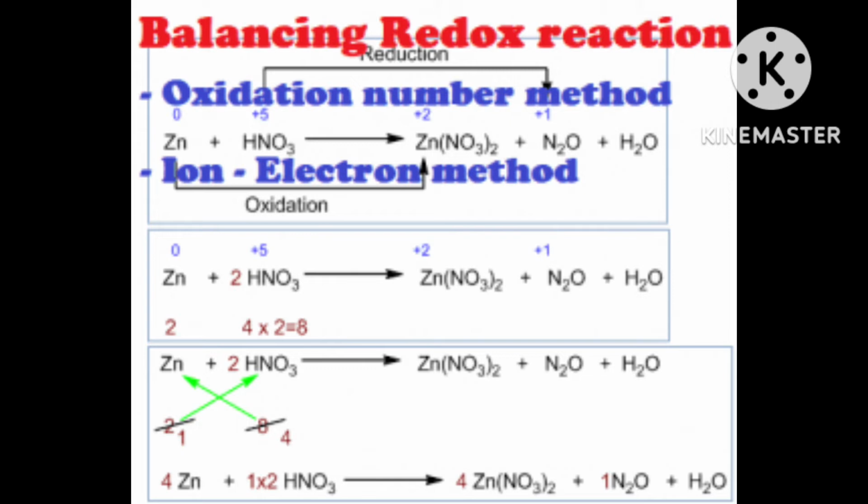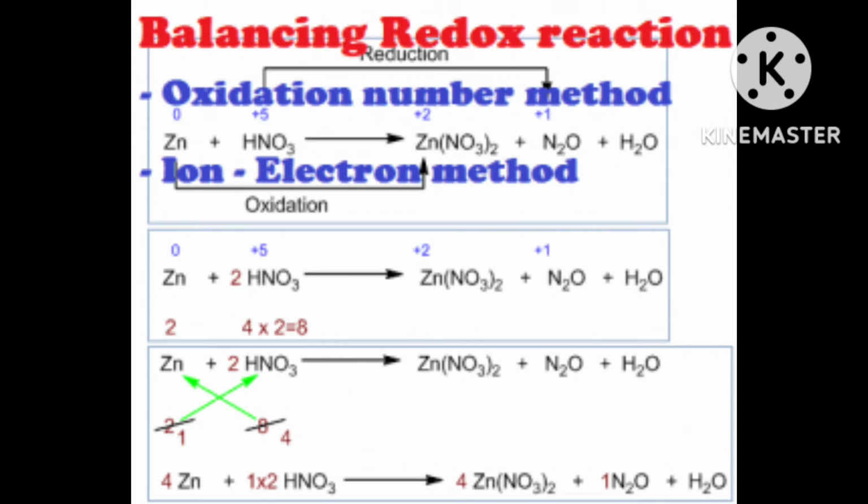Now 7H2O means 14 hydrogen. Hydrogen is plus charge, H+. Then now extra H+ came. Extra 14 H+ has come on the right side, the product side. Then now to balance this hydrogen, 14 H+, you have to balance.